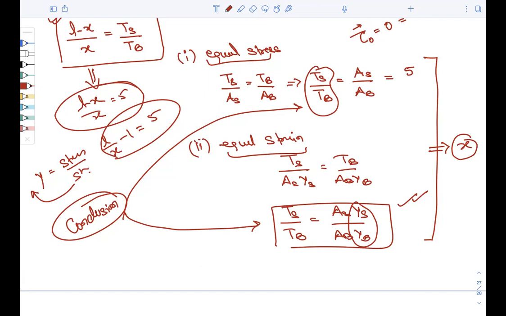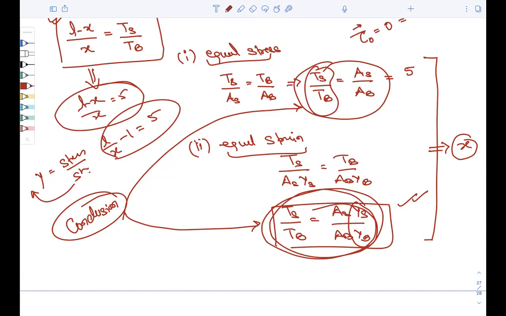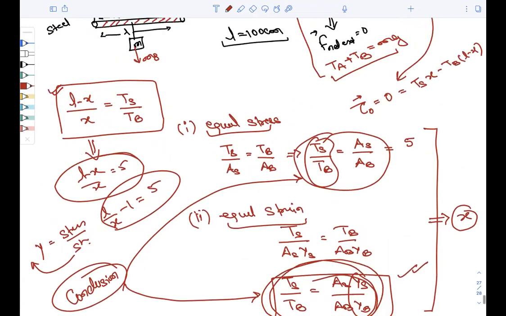So depending upon the requirement, we choose accordingly. In conclusion, you have to write about the ratios, and also talk about the material property. When YS and YB are equal, there is only one position where equal stress and equal strain occur; that much can be written here.